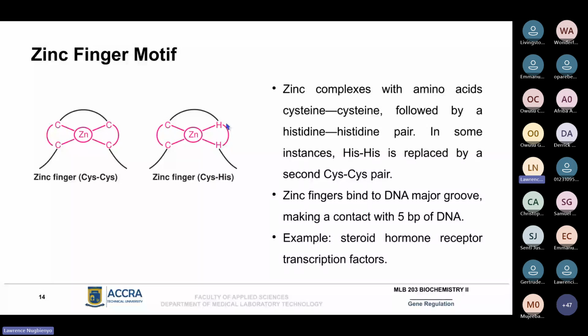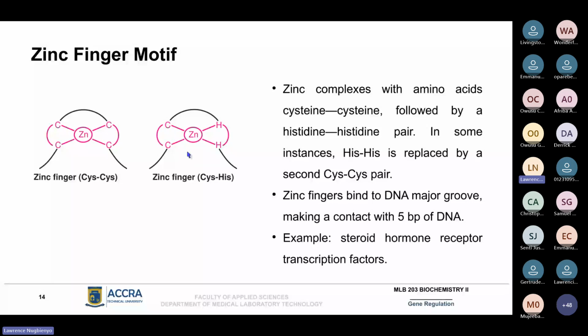So two histidine molecules also having such an interaction between them, except that here it is not a disulfide bridge because, of course, we don't have sulfur in histidine, but rather you have a certain ring structure and some form of hydrogen bonding between these two histidine molecules. So you can have such a structure, the zinc finger, which specifically has a direct interaction with the major groove of DNA molecules.